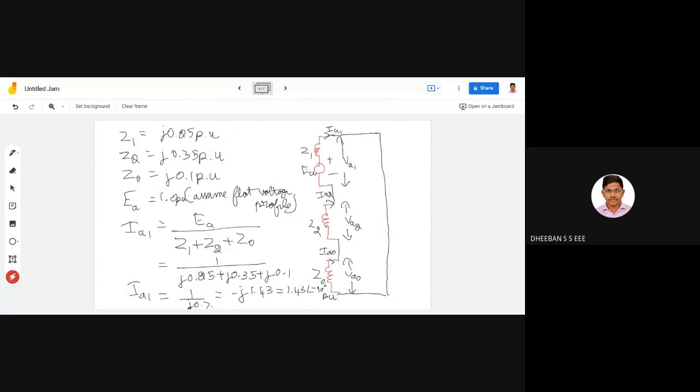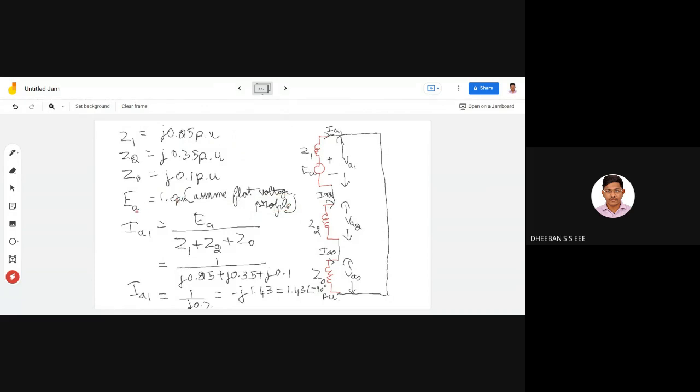Now coming to EA, they won't be giving it in the problem statement, so it is you who have to consider this EA. You have to consider EA to have a flat voltage profile. As per that flat voltage profile, your EA will be 1.0 at an angle of 0 degree.